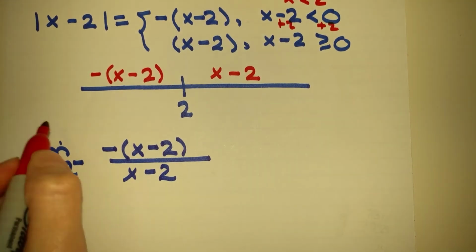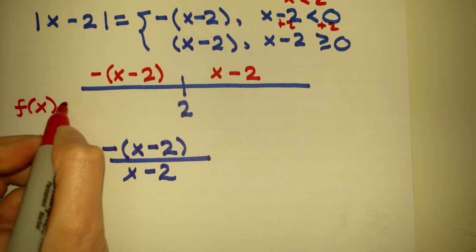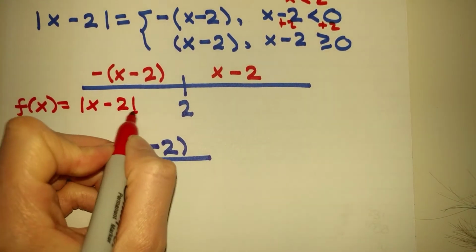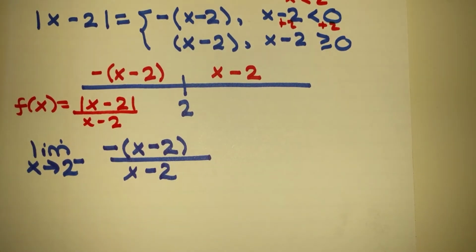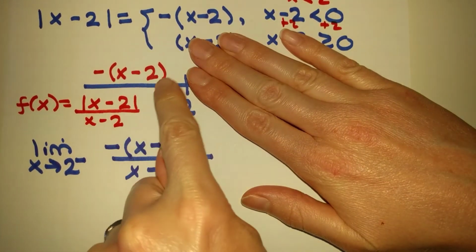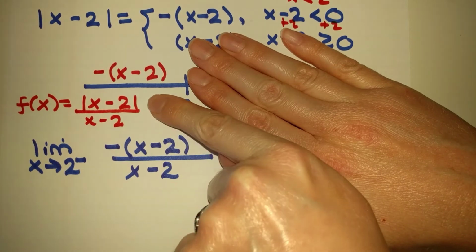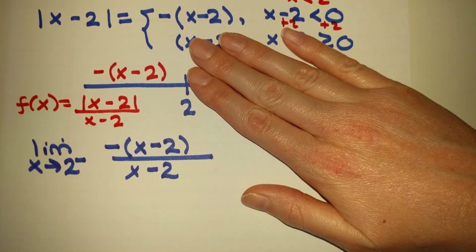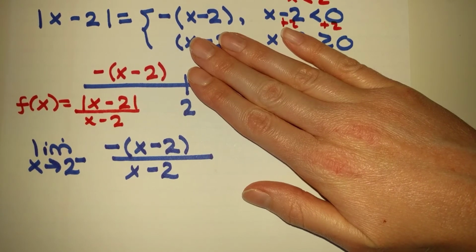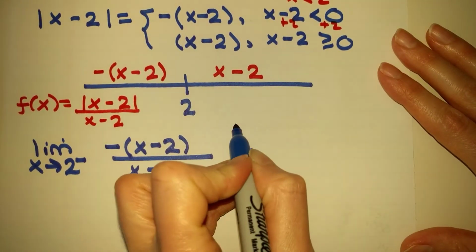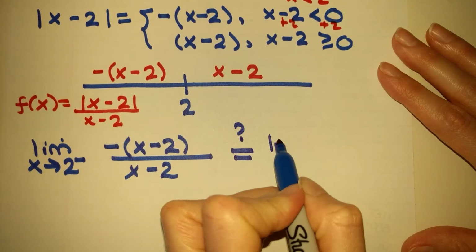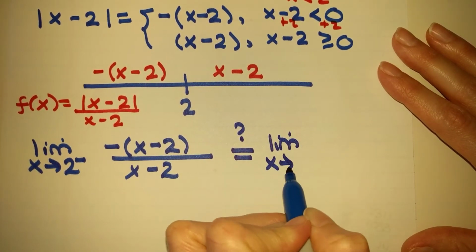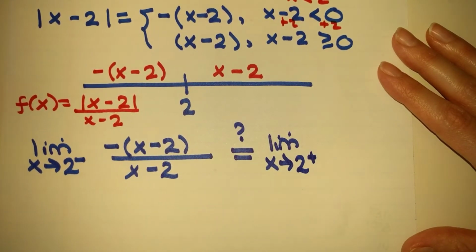So what we're trying to do is, our f of x function is absolute value x minus 2 over x minus 2. To find the limit from the left, we would have to use this piece. So I'm substituting in for absolute value negative quantity x minus 2. Now, what I need is that limit from the left is equal to the limit from the right, and then that would ensure my two-sided limit would exist.